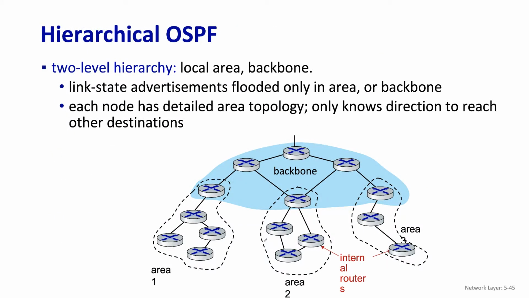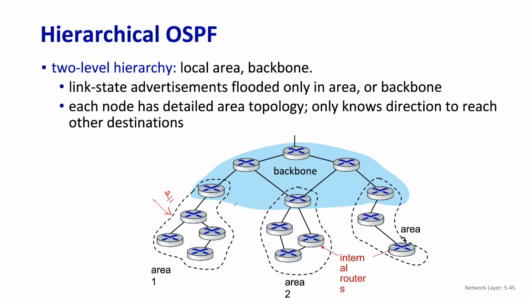OSPF is not a flat protocol in nature. That means it's hierarchical, which means we can create multiple areas, where each area will be dealt with as an autonomous system.